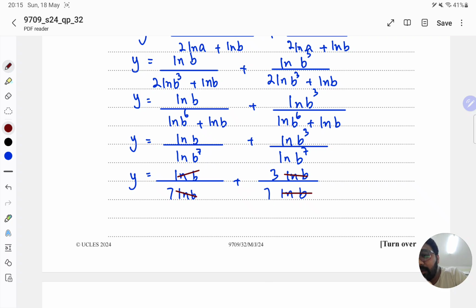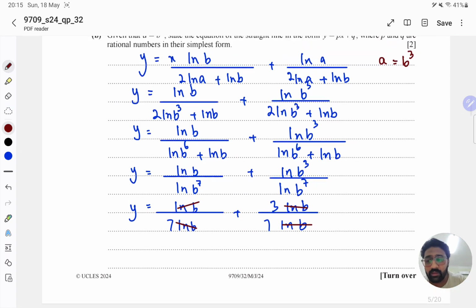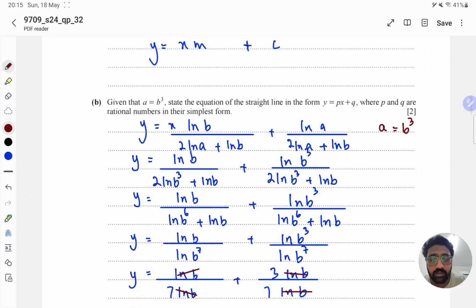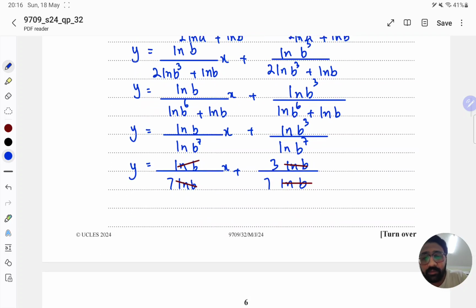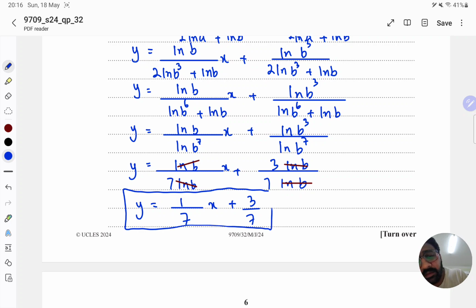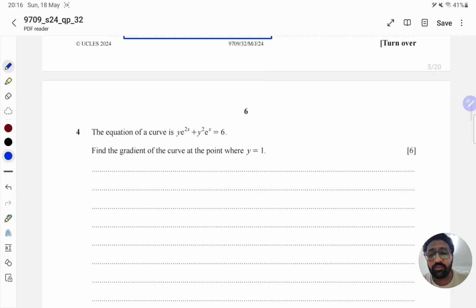I have skipped the x since the start, so let me put it back now to write the final answer. y equals 1 divided by 7 x plus 3 divided by 7. Let's move to the next question.